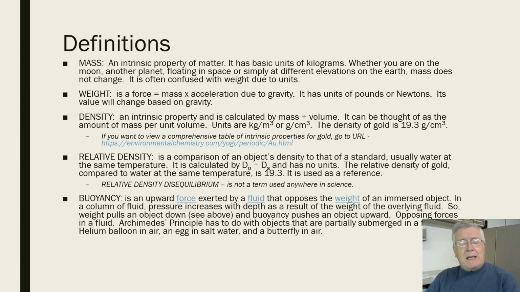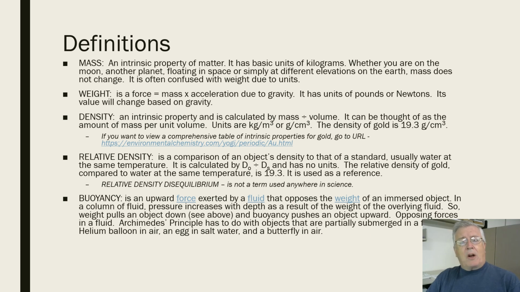Okay, density. Density is an intrinsic property, and it's calculated by mass divided by volume. So density is related to mass and volume. It can be thought of as the amount of mass per unit volume.